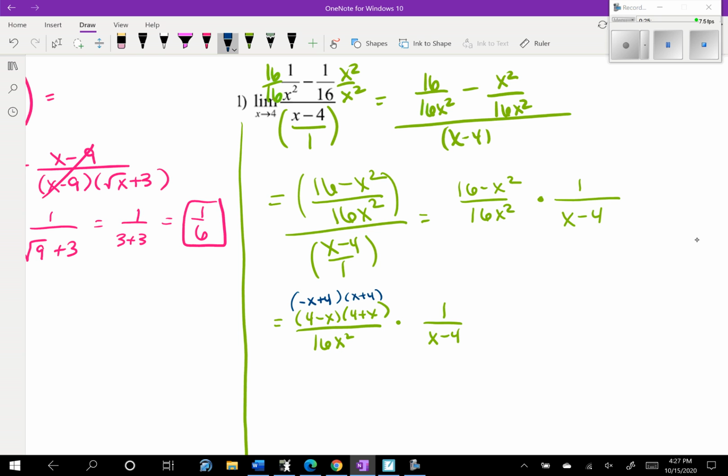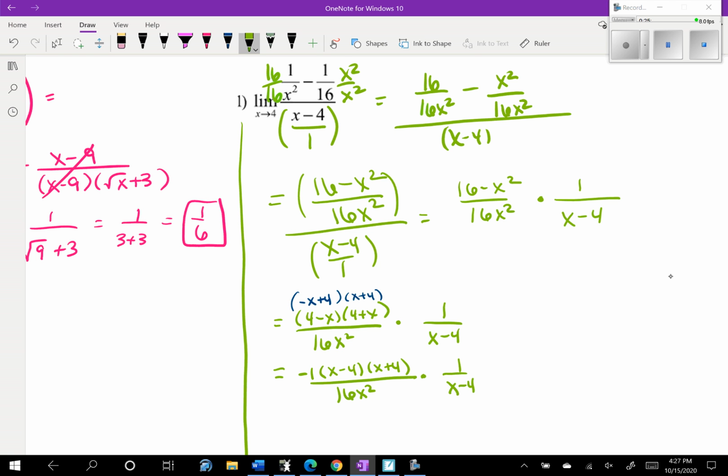So if the signs are opposite like that, you have positive x here, negative 4, positive 4, then what you should do is factor out a negative 1. If you factor out negative 1, that's going to make the terms the same. So take out that negative 1. That becomes x minus 4 times x plus 4 over 16x squared times 1 over x minus 4.